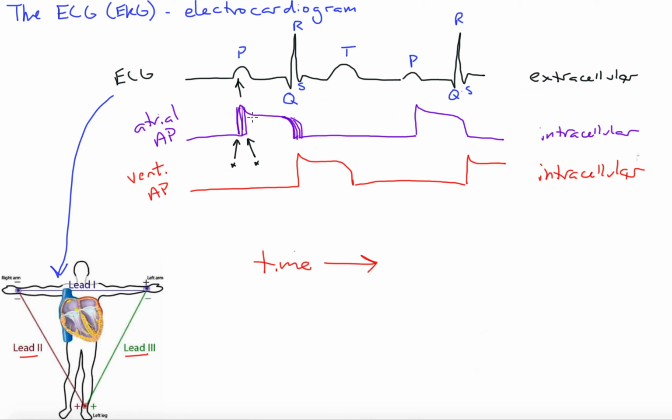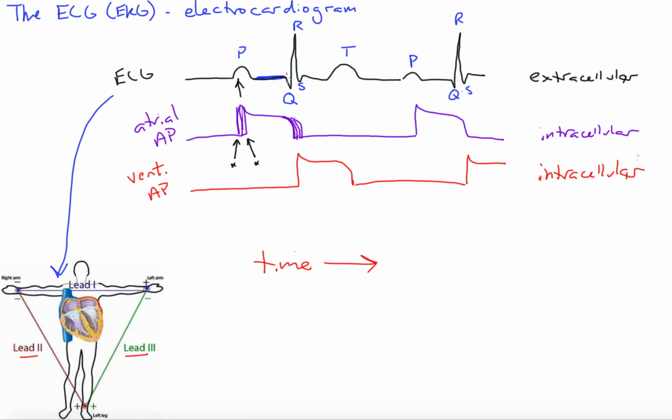Go over here, and let's not skip over it. When all of the cells are depolarized, remember, there's no difference between the outside of the cells in those two regions across the atrial chambers, which means there is no dipole and there is no wave.